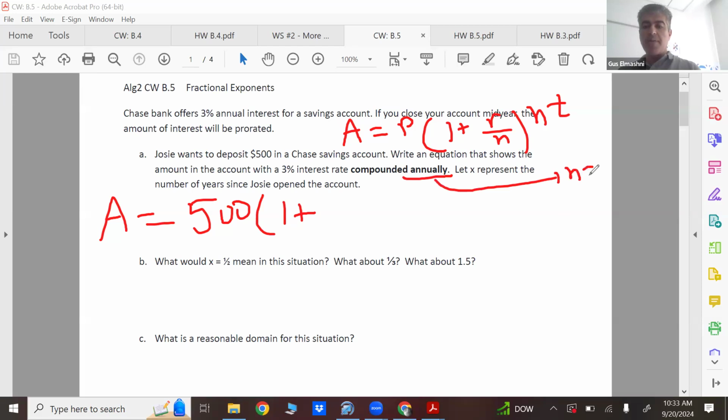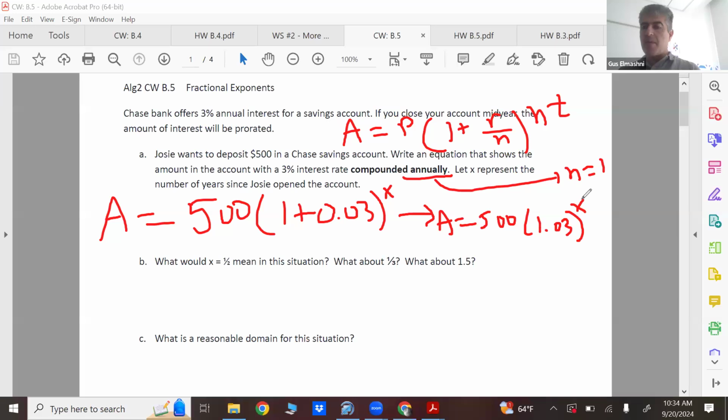So that's going to be 0.03, and then raise it to the X power. Or I can simplify it like this: A equals 500 times 1.03 raised to the X power. Okay, we're okay? All right.